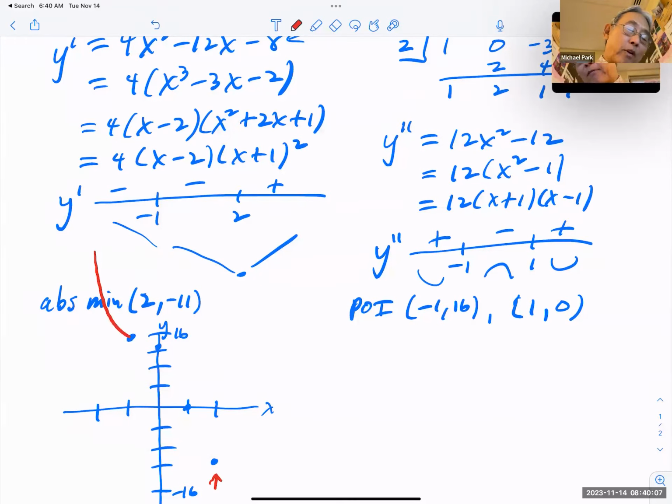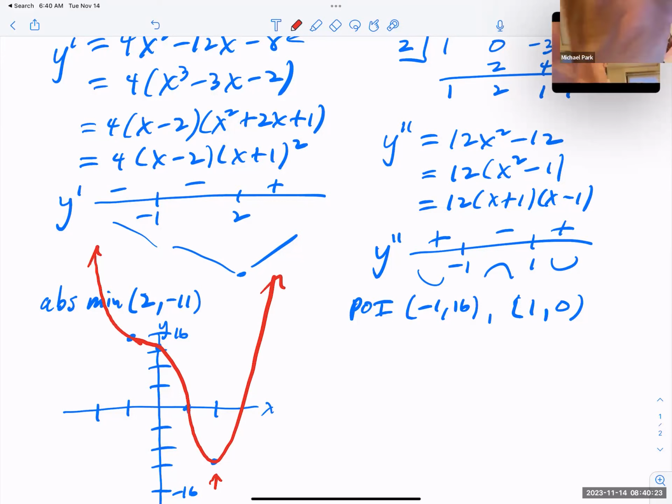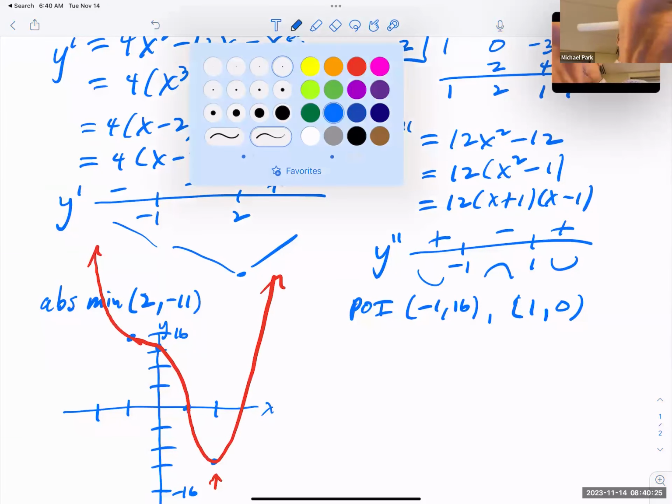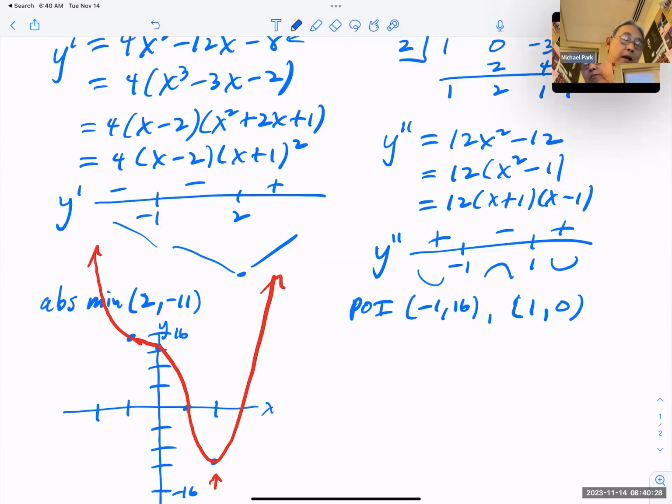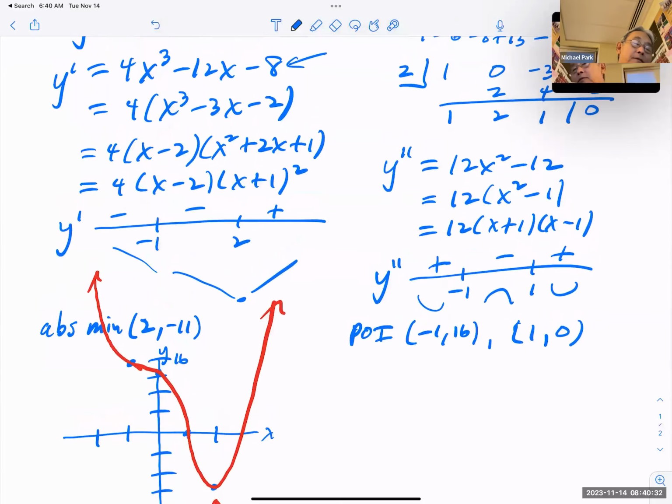And then from -1 to 1, it's concave down. So it's like, ooh, concave down. And then the rest of the way, it's going to be concave up. But then remember, that's an absolute minimum. So we're talking about a graph that looks like that. See, and that's the purpose of learning all these things. We can draw pretty accurate graphs now.